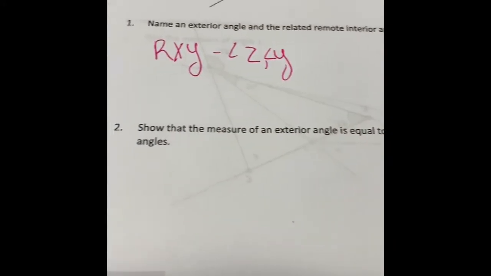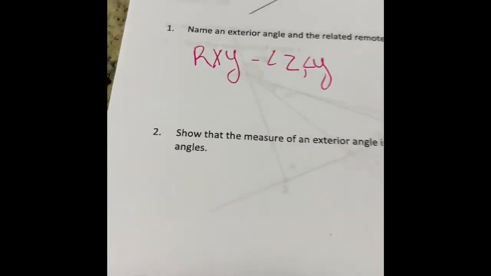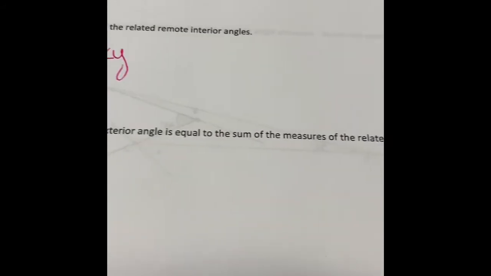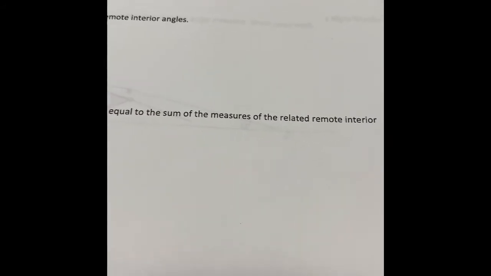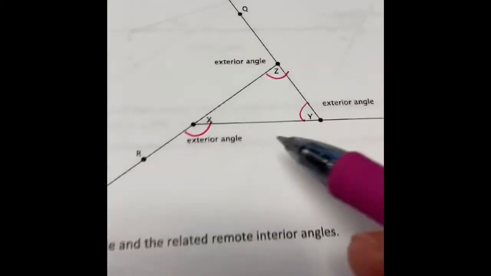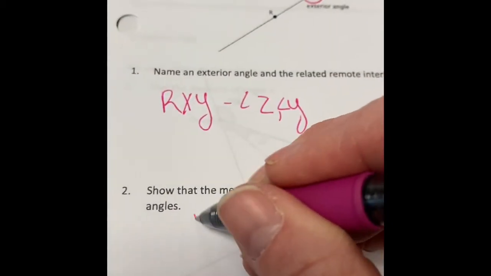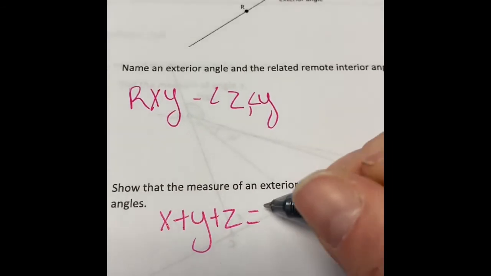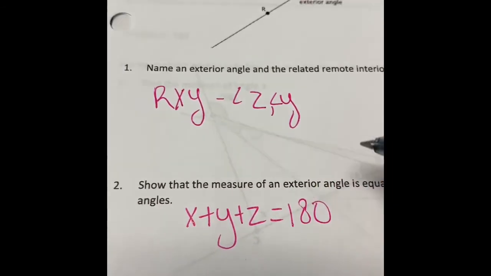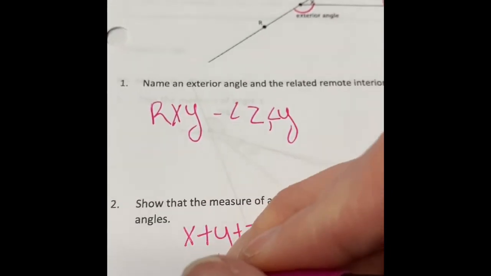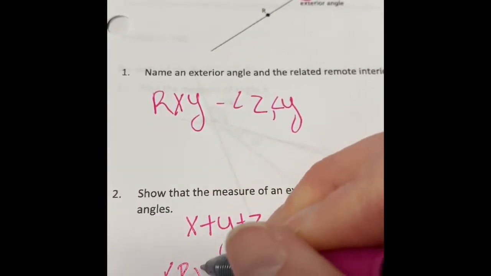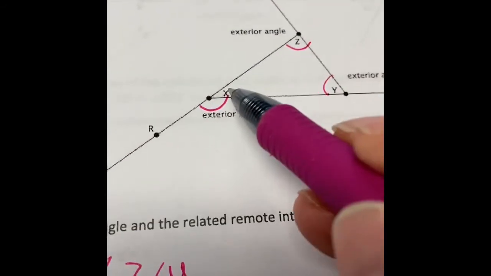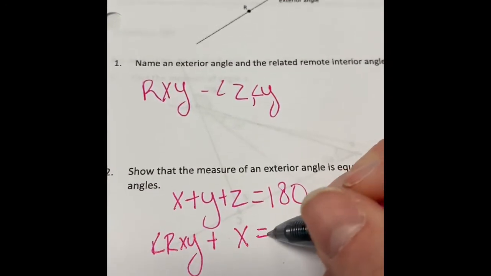Show that the measure of an exterior angle is equal to the sum of the measures of all of the related remote interior angles. I'm going to help you with this one. We know that X plus Y plus Z equals 180 degrees. We also know that angle RXY plus angle X, we're going to call this one angle X, equals 180.